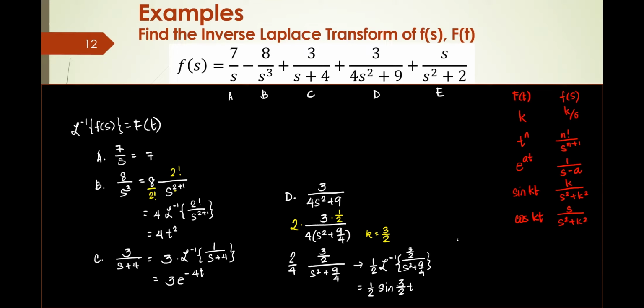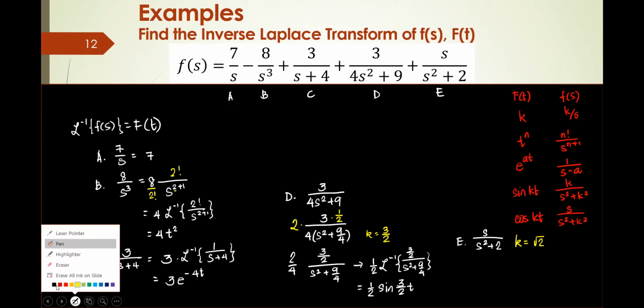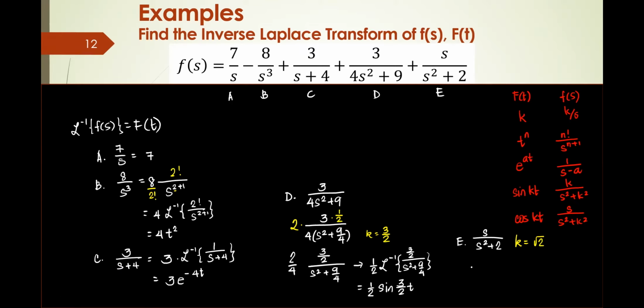Very good. So s over s squared plus 2. Is this sine or cosine? Just by looking at it. Cosine. What is the value of your K? Root 2. That's correct. Therefore, the inverse Laplace of this one is basically what?